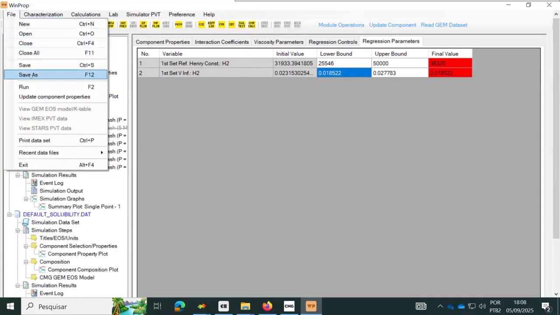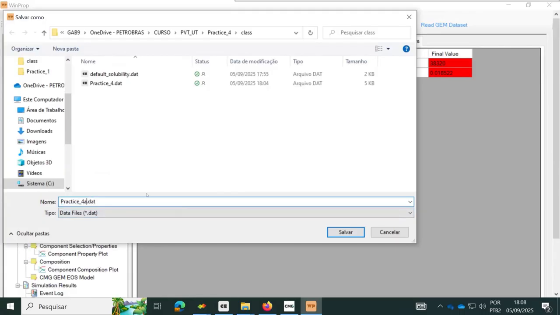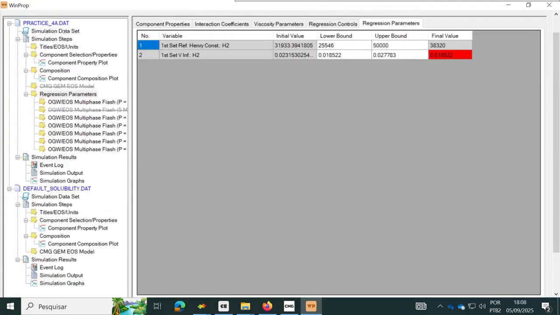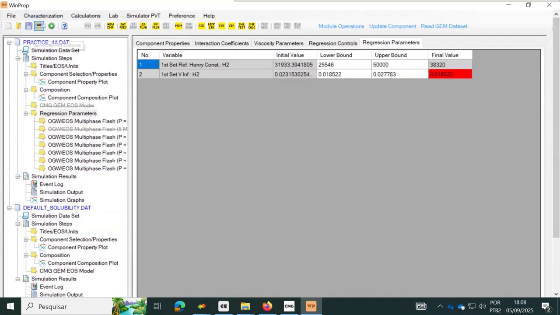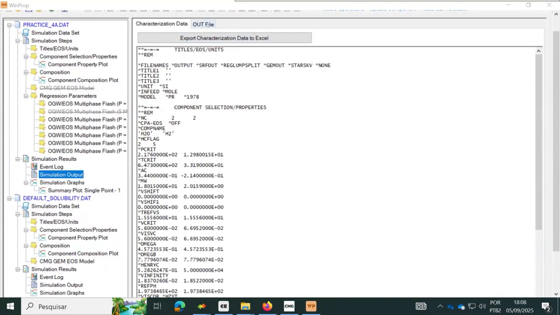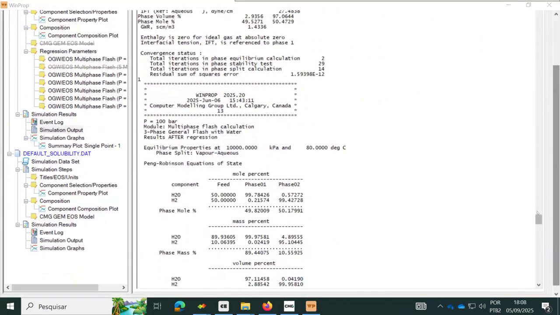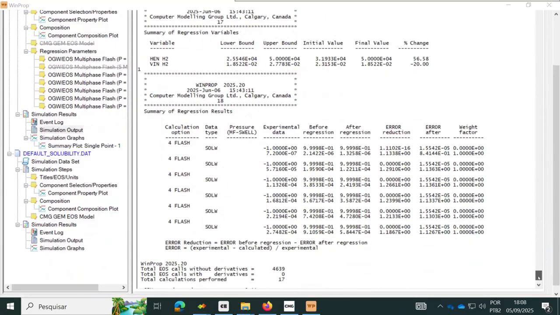Let's save with another name, case A. Let's save and run. Let's go back to the table and compare after this change. Take a look.